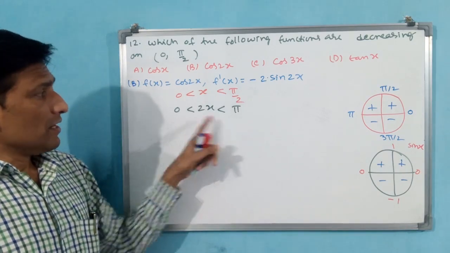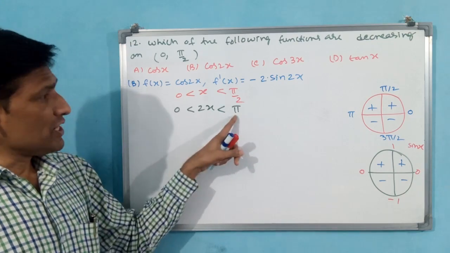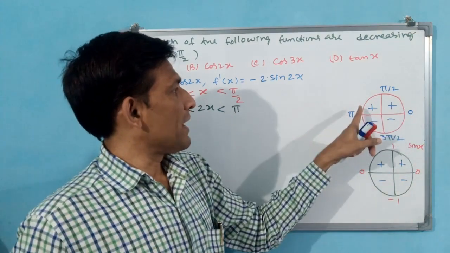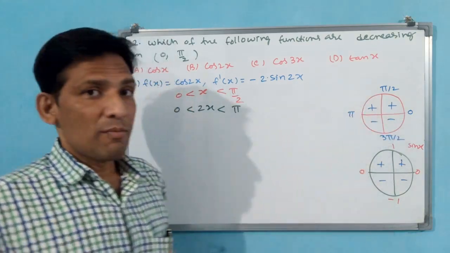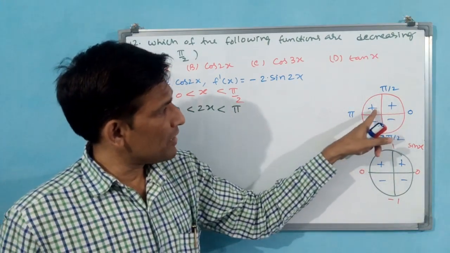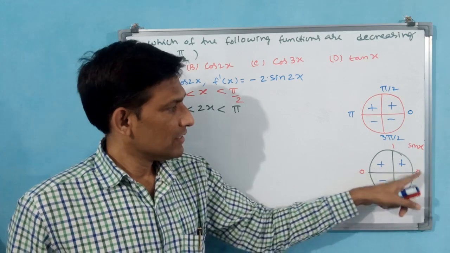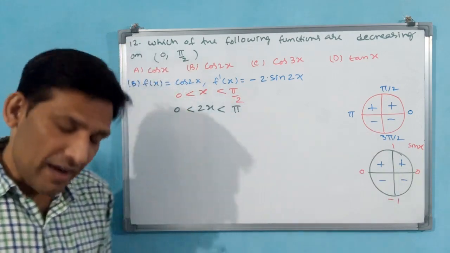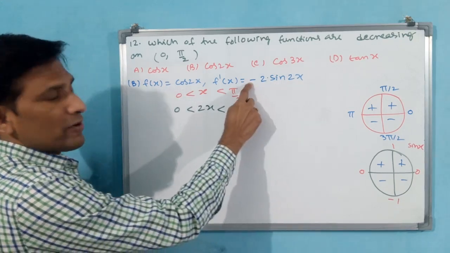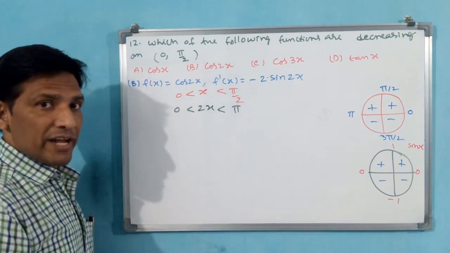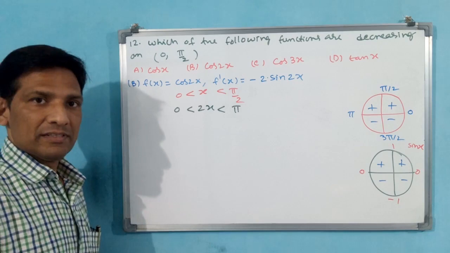Now see, your domain has been changed. 0 to pi you have to take. But fortunately, both are positive only. Here, sin 2x is positive, but the negative symbol is going to make it negative. Then again decreasing only.